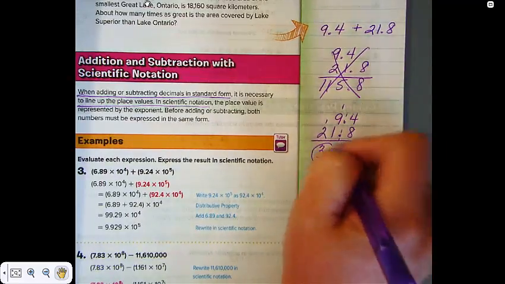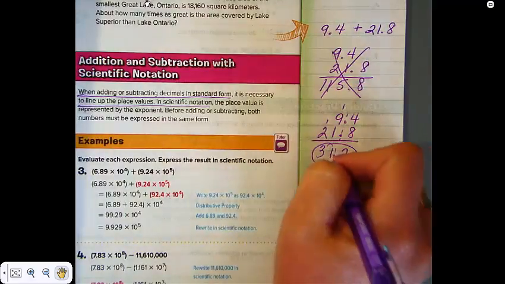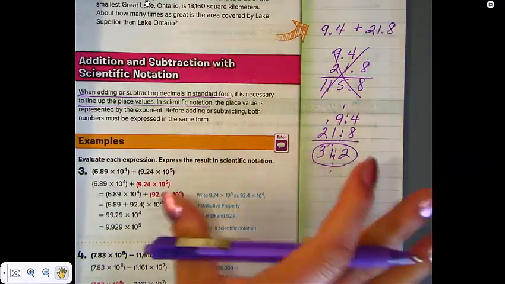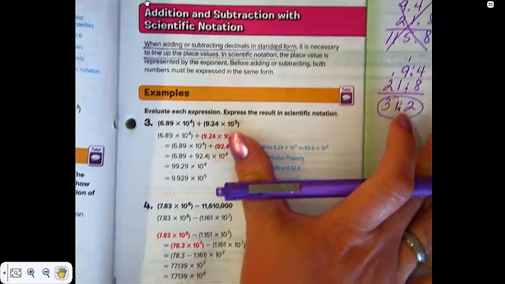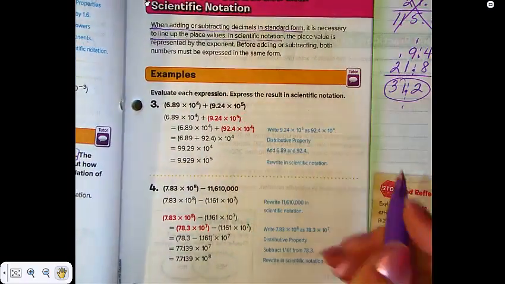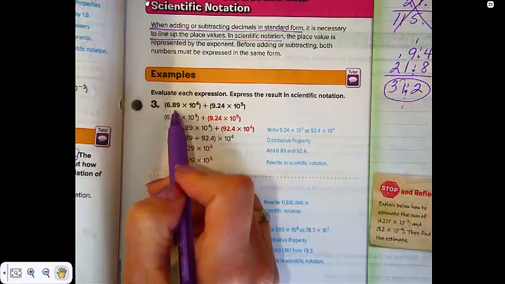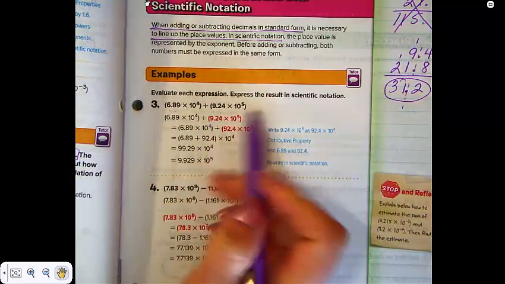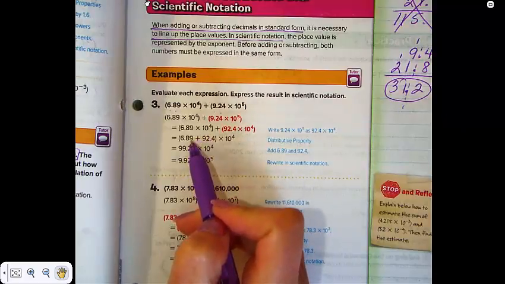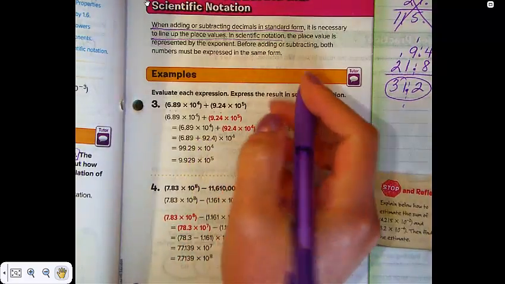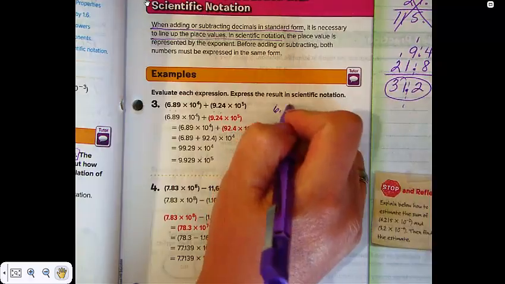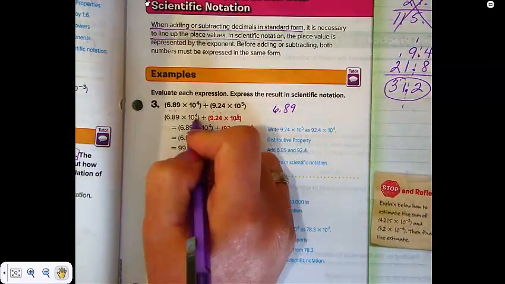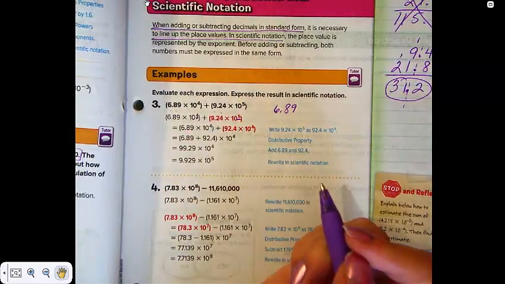And the correct answer would be 31.2, not 115.8. So the same with scientific notation. You have to keep everything in line. So if I have a 6.89 plus a 9.24, if I lined those up, first of all, this one is to the 5th power and this one is to the 4th power.